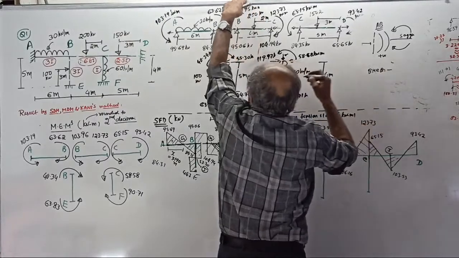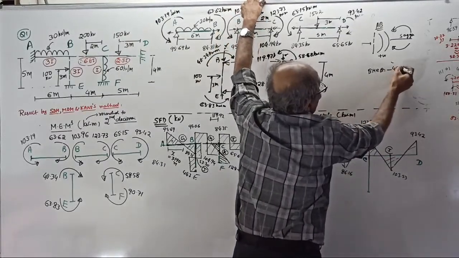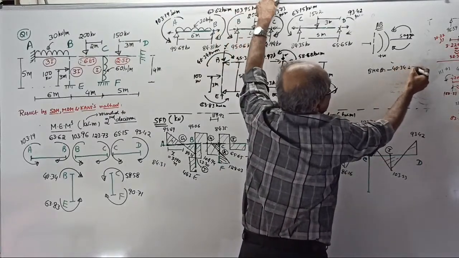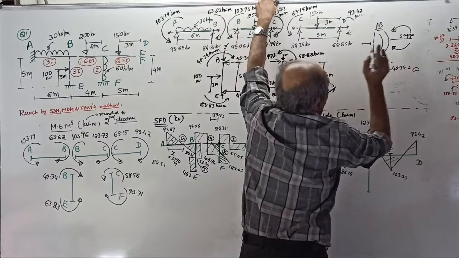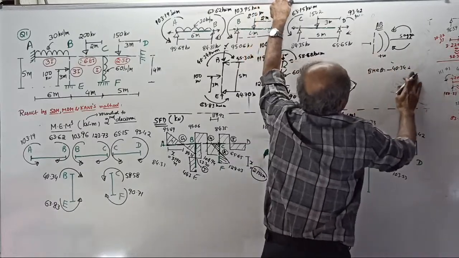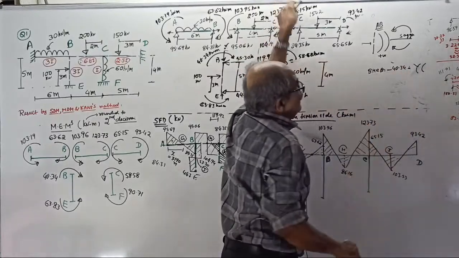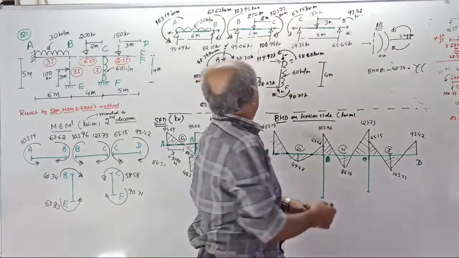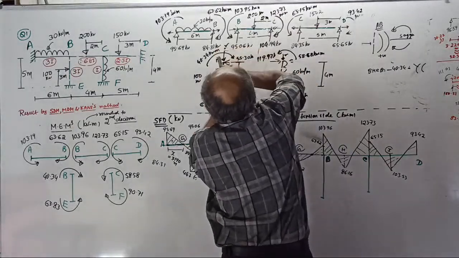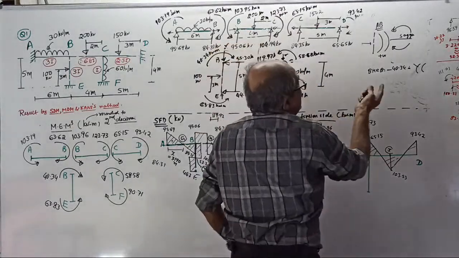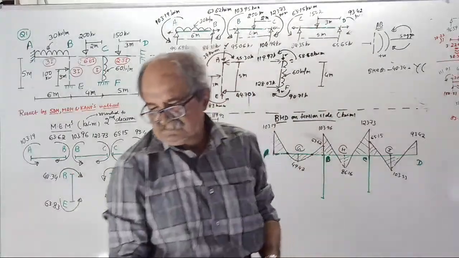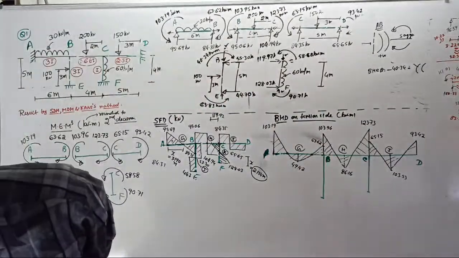Now, bending moment here is this way. So, minus 40.34. That means it is hogging. Hogging means actually not that way. It is hogging this way. Tension which side? Tell me. Here bending moment is hogging. Tension on left side or right side?